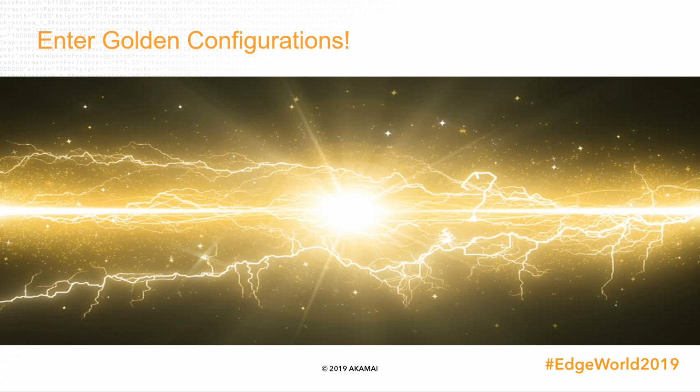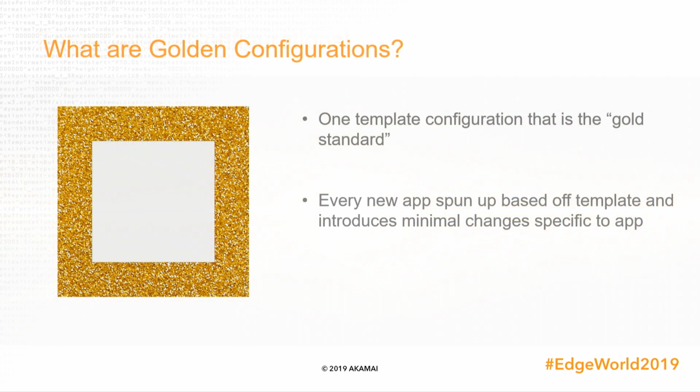Apologies for the way too colorful slide over here, but the whole point of gold configurations is really simple. It isn't a tool, it's just the way you'd work through an Akamai process using different tools, but with one templated configuration, that is the gold standard. So every time you're spinning up a new app, a new geographic region, or a new environment, you're basing it off of that one single templated config.